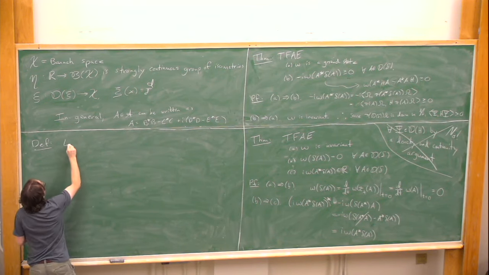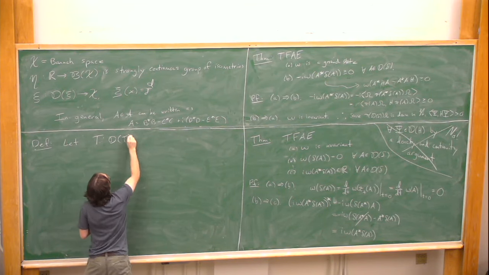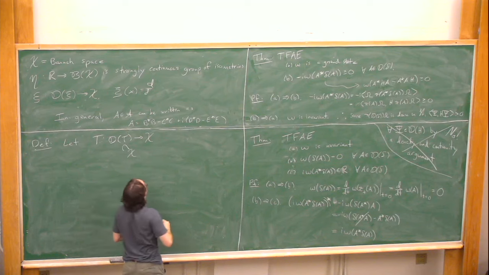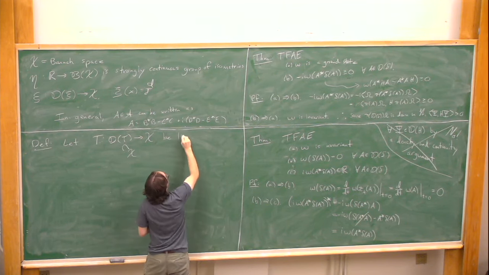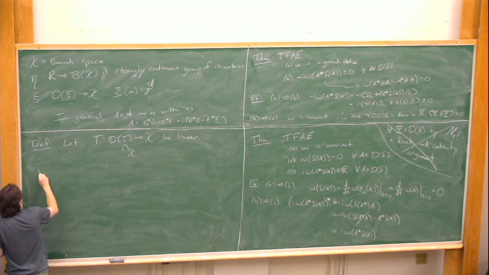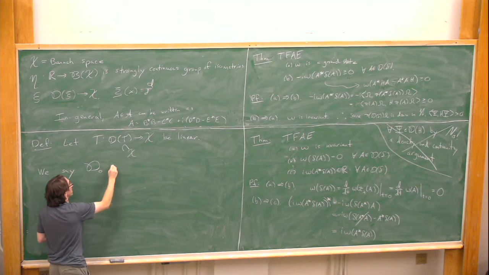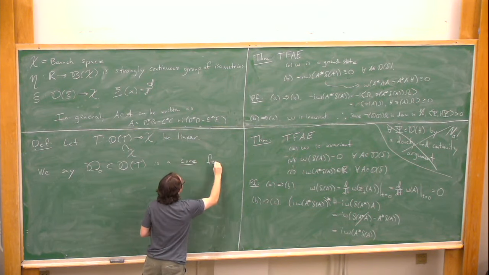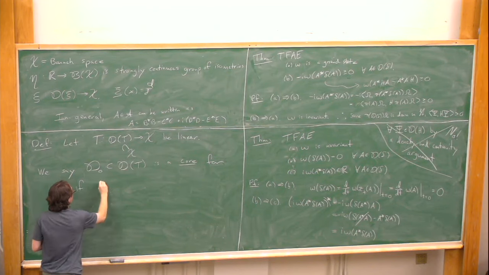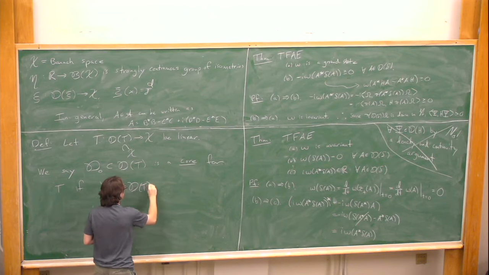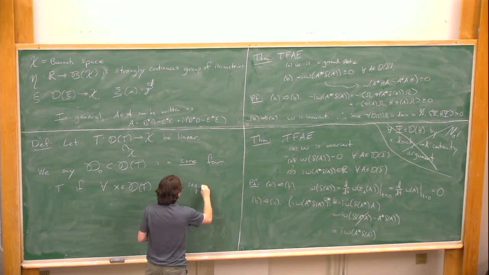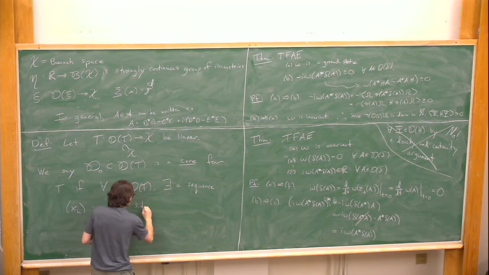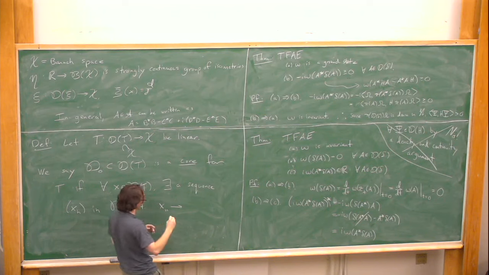So let's say let T be an operator on X. D of T here is the domain of T. It's a subspace of X. Let T be linear. And we say a subspace of the domain, D naught, is a core for T if for every x in the domain of T, there exists a sequence in the core such that it looks like T is acting continuously.